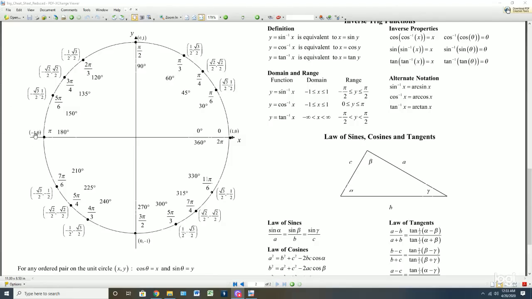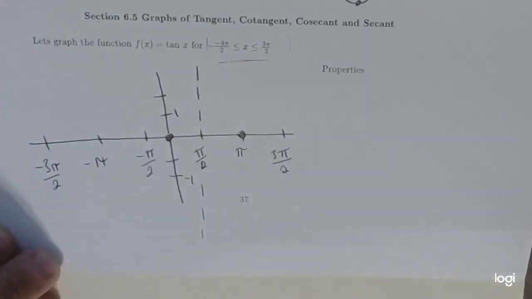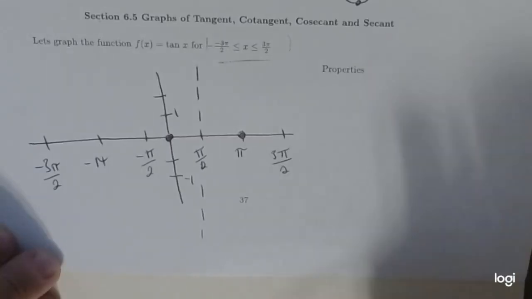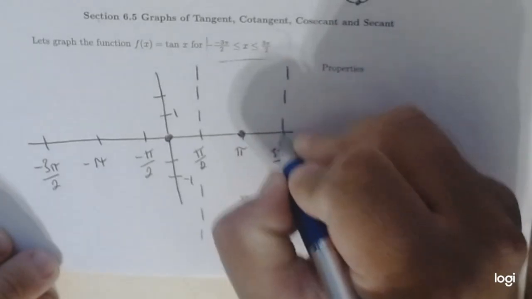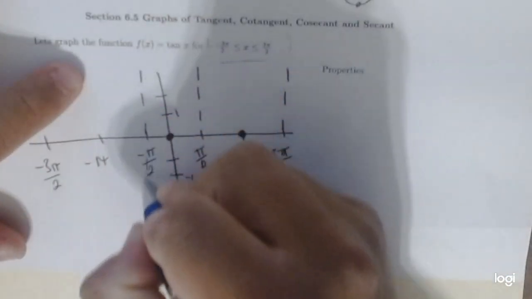Pi: 0 divided by -1, still 0. And then 3 pi over 2 down here: -1 divided by 0, same process. It's undefined, which means we have a vertical asymptote. And believe it or not, going in the opposite direction gives you the exact same process.